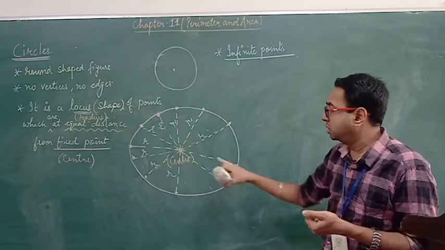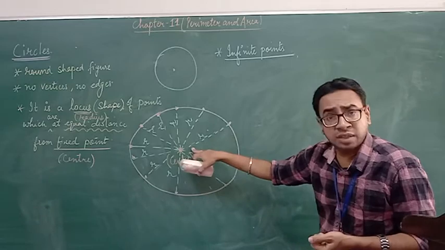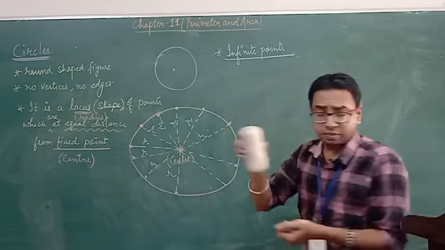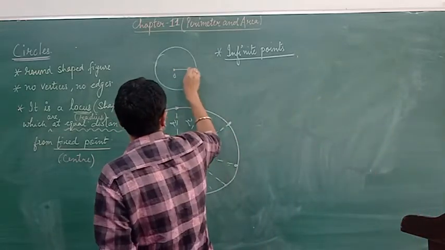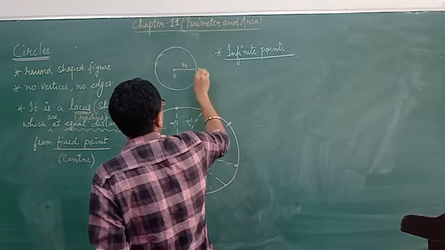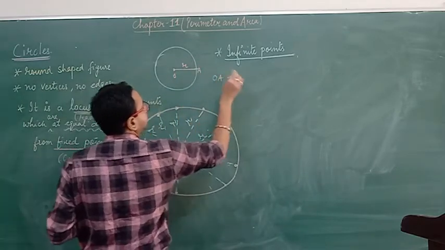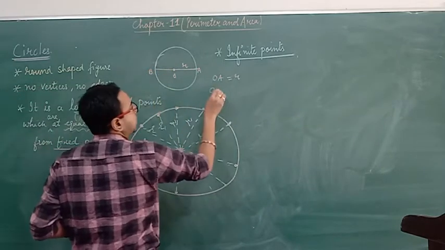What is a circle? The center, the fixed point, is very, very important. The radius is the equal distance from the center. Now, one more thing. If I am considering this as the center and this as the radius, OA is the radius, R. Similarly, if I consider OB, what is OB called?